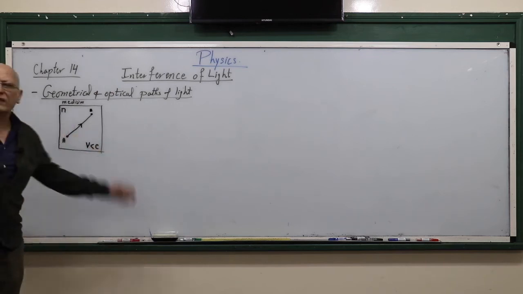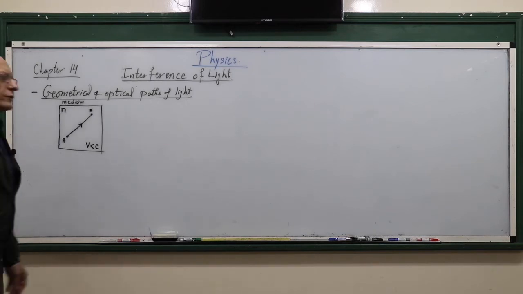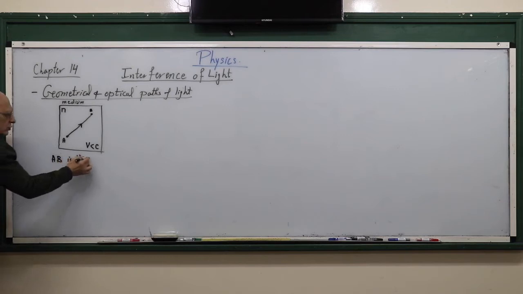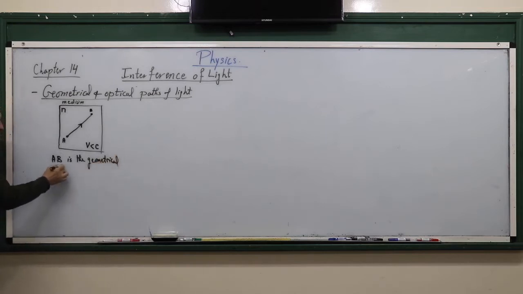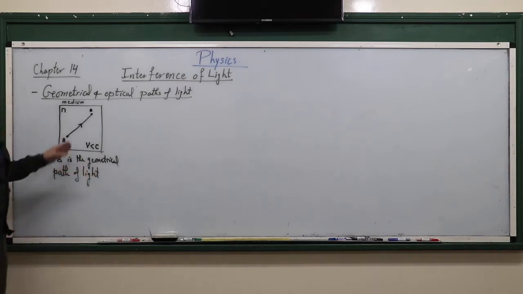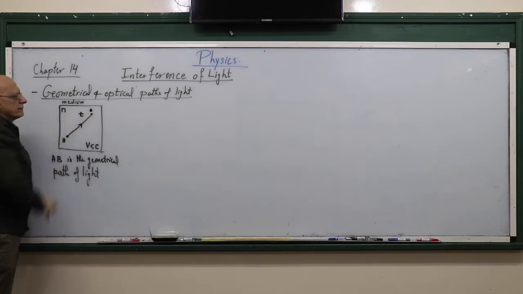This distance covered by light in the medium is called the geometrical path. So AB is the geometrical path of light. Of course, this geometrical path is covered during time t.